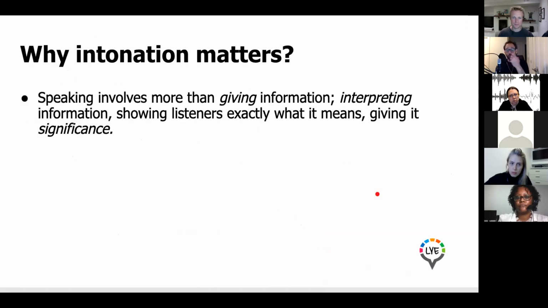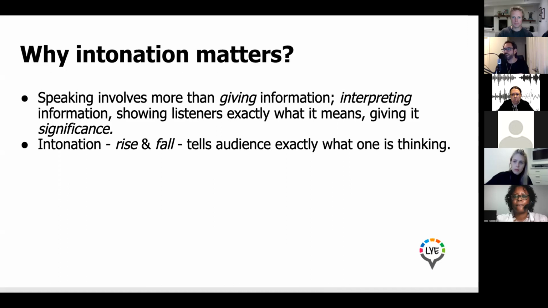So why should we be focusing on intonation? Well, we all know this: speaking is much more than simply passing on information. It also involves interpretation. You also have to show the listeners that you know exactly what they mean, and you have to add significance. You have to add more meaning to things. That's the beauty of intonation, because this rising and falling is usually what tells the audience what you are thinking.